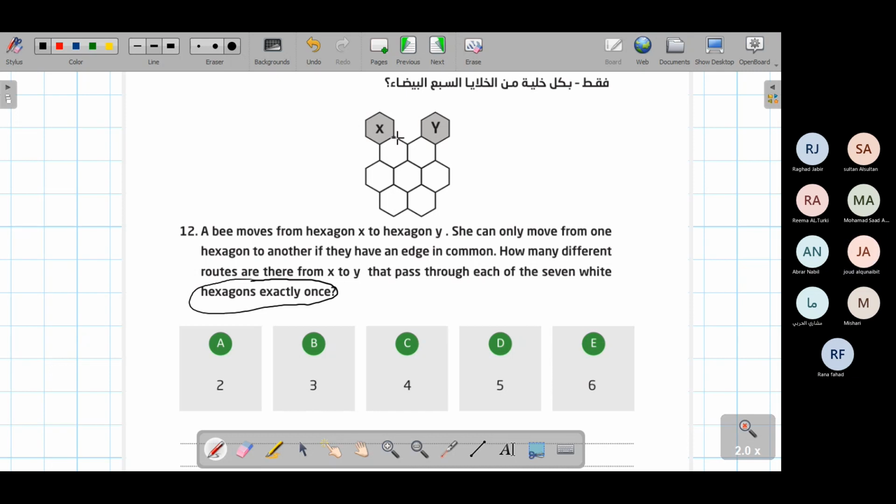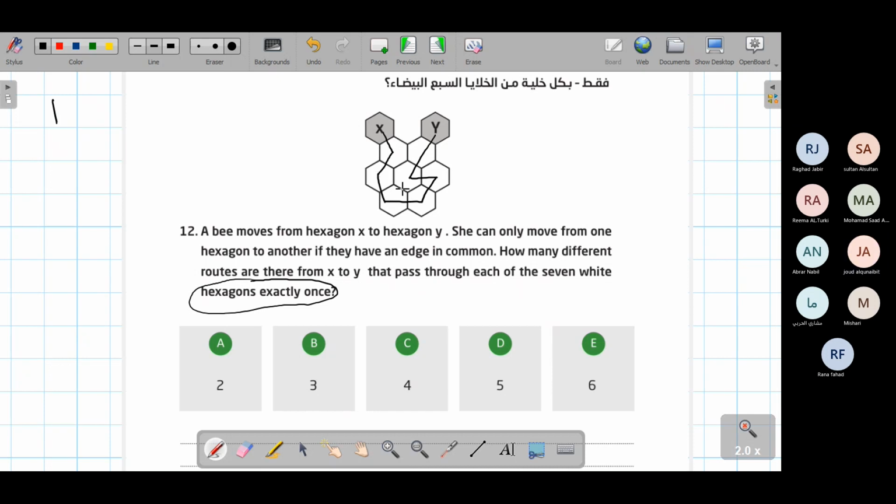Yeah, let's start, for example, from here. Okay? This is 1, 2, 3, 4, 5, 6, 7, 8. This is the first one. Can I count this route, yeah, Jude?